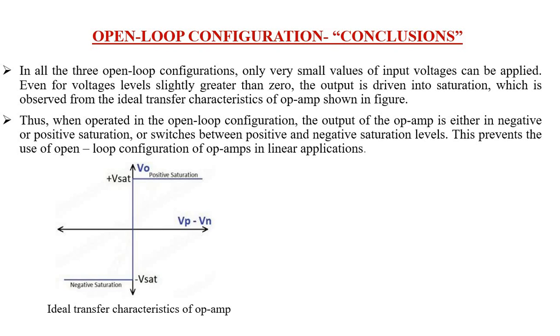The answer is that in all three open loop configurations, only very small values of input voltage can be applied, means nearby 0. Even for voltage levels slightly greater than 0, the output is driven into saturation because of the infinite gain, which is observed from the ideal transfer characteristic of the op-amp.